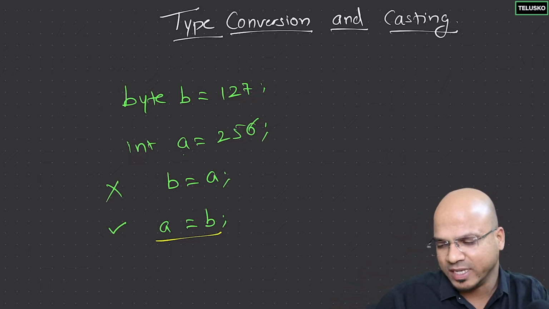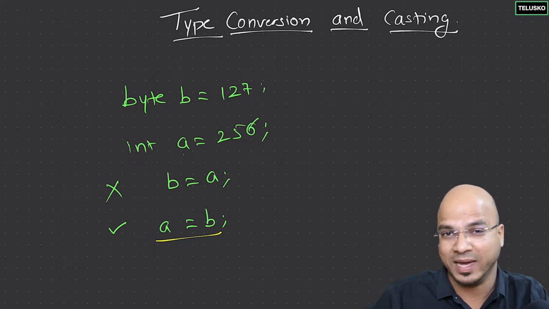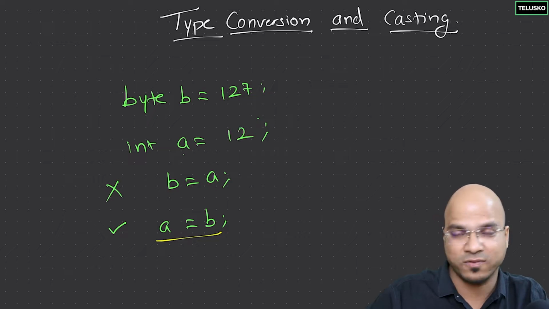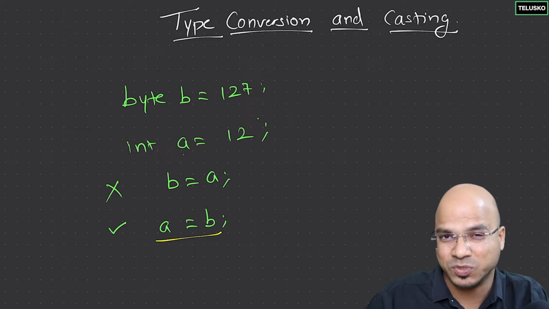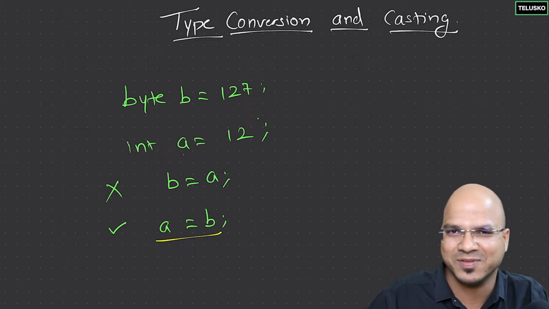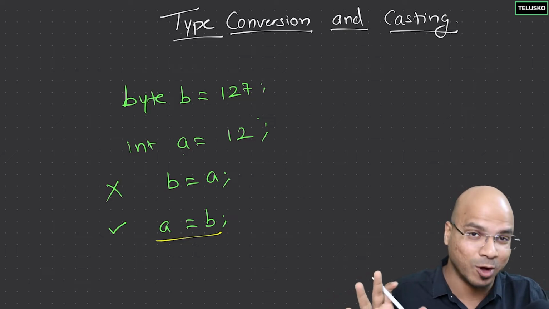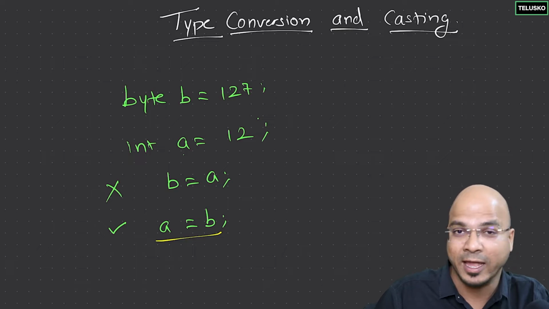But then what if you really want to do it? You want to convert an integer value into byte. At this point, if the value of a is not 256, what if the value of a is, let's say, 12? The value of a is 12, which can be accommodated in b as well. Even so, your compiler will say, I don't know what your value of a is, but I will not allow you to store the value of a in b, because a is integer and b is byte.